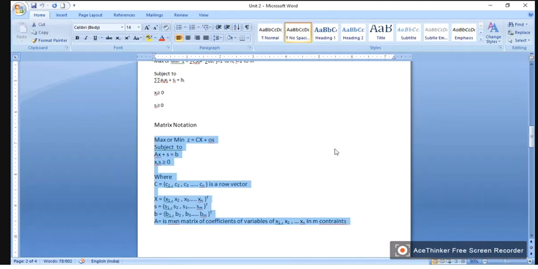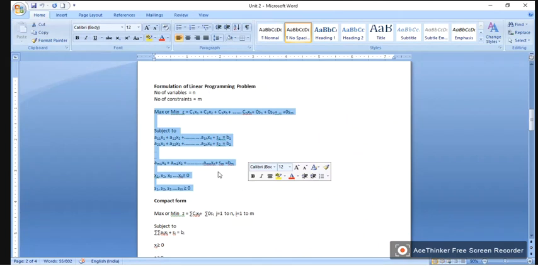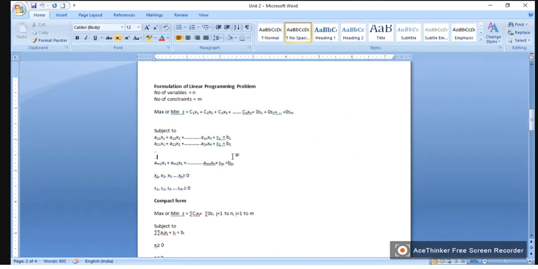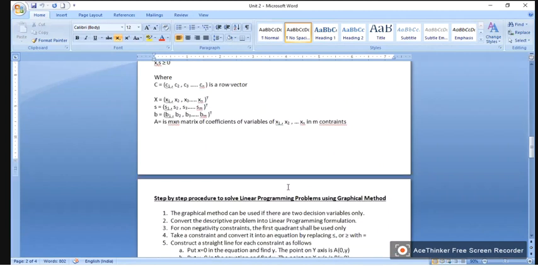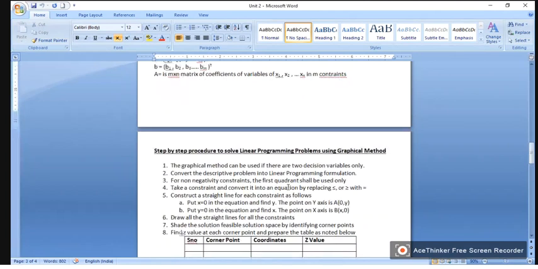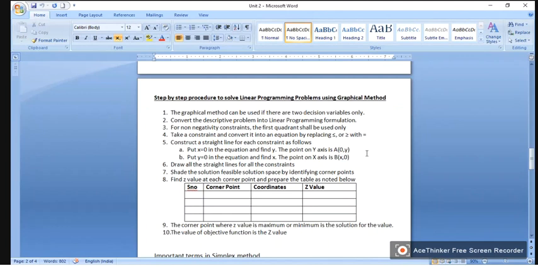Okay, so right now what we are adopting is this type of formulation. You can go through this one, you can easily understand, right? So we are directly coming to the simplex procedure.